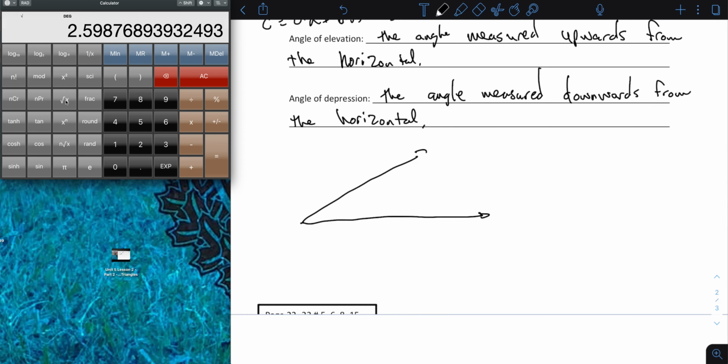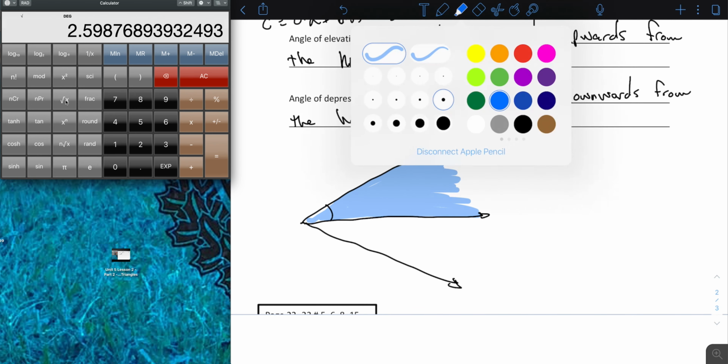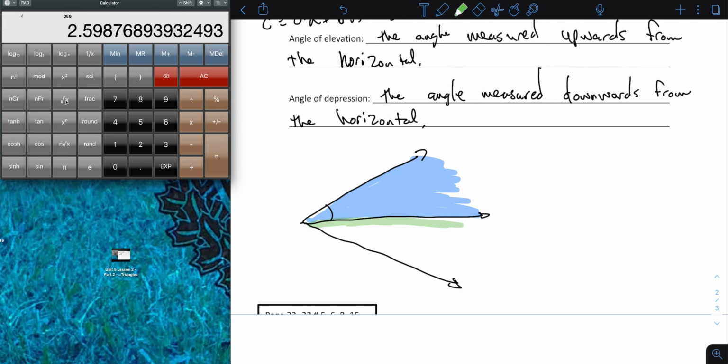And so that's going to be your angle of elevation. This is elevation in blue. Angle of elevation will be blue, like the sky, and maybe we'll do angle of depression in green for the grass.